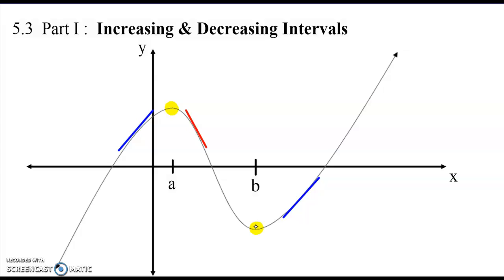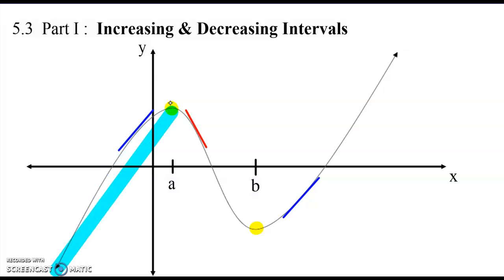In section 5.3, this first part, we're going to look at how the derivative tells us where the function is increasing and decreasing. As you look at this continuous function, on this blue part that I'm tracing, you can see that the tangent line would have a positive slope, right? All the tangent lines we could draw, or all the first derivatives we would find, would yield a positive slope.